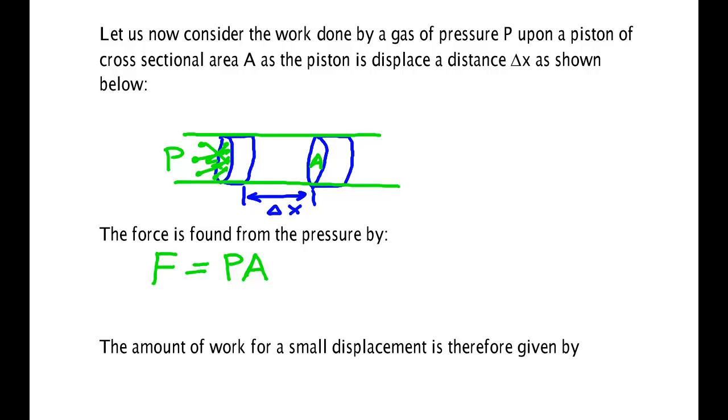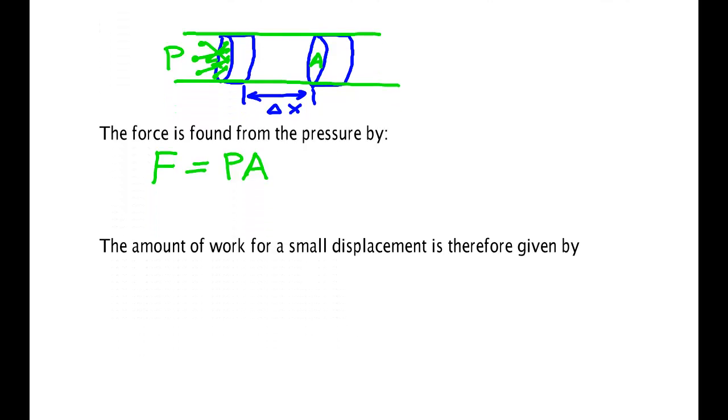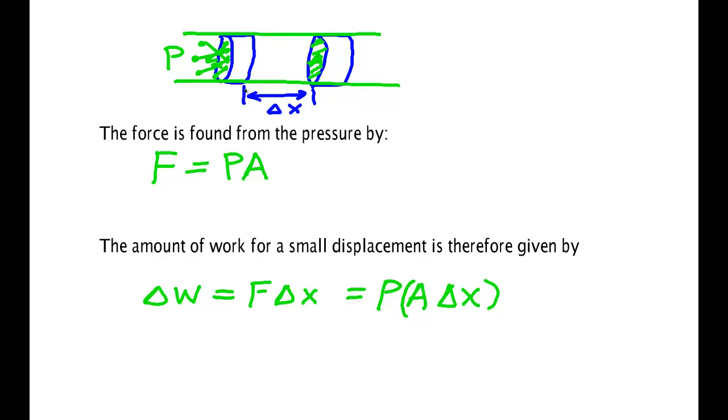Putting that into our formula for work, the amount of work, delta W, is equal to the force times delta X, but we replace force with pressure times area. So it's P times A times delta X. And now I want to group the area times delta X. Now the area is right here. Delta X is this displacement.